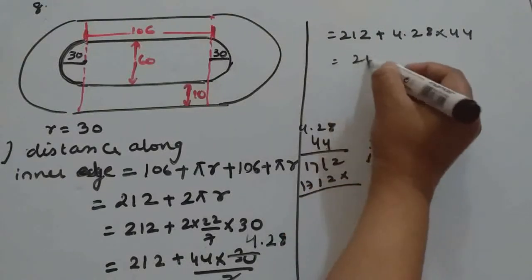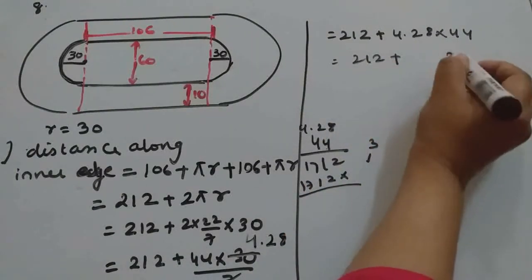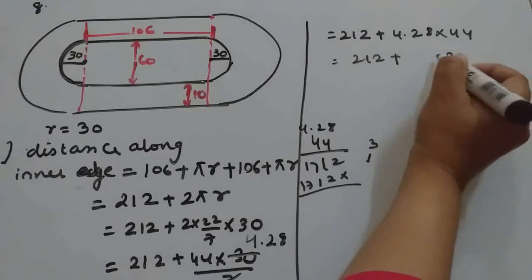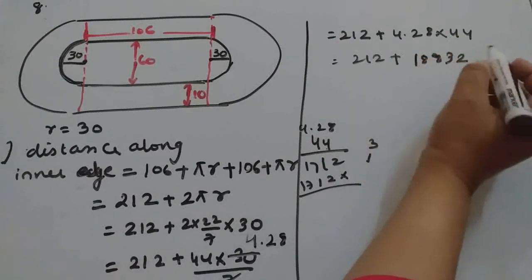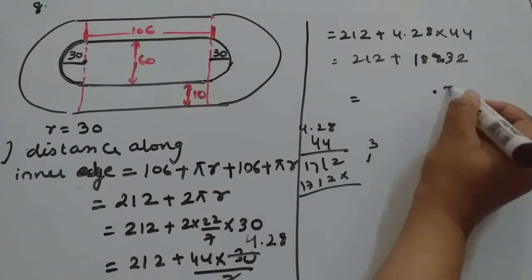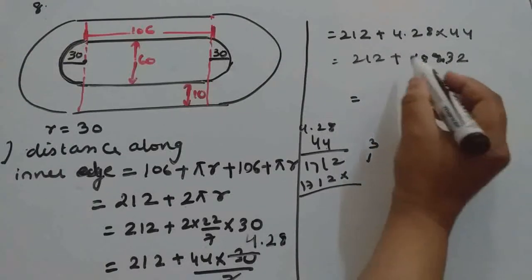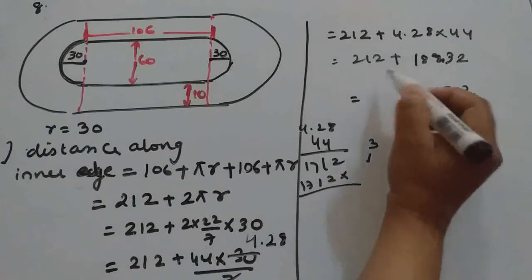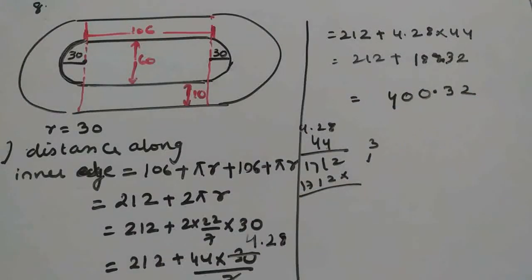So we will get 188.16, with 2-digit decimal. Now we should add this. So 400.32 is the answer.